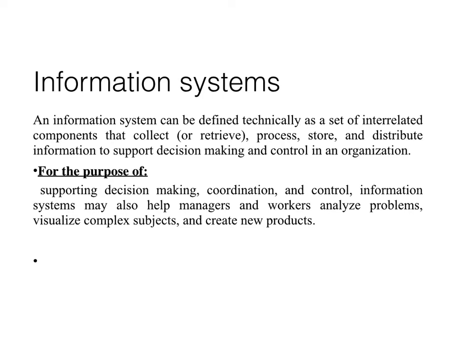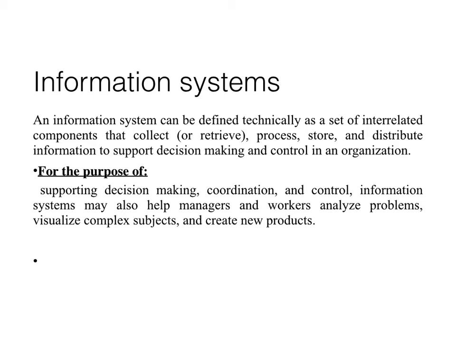It also helps managers and workers to analyze problems by dividing them into sub-problems, as we said before, and through the system to visualize complex subjects in a simple and understandable way through graphics, reports, and different kinds of representations for the different levels of management.